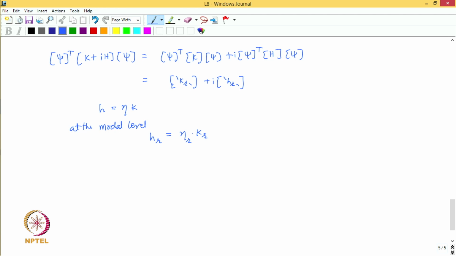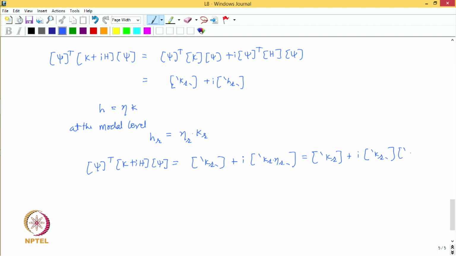So, if that is so, then this matrix ψᵀ(K plus iH)ψ can be written as Kr plus i times Kr ηr, which can be further written as a product of two diagonal matrices, Kr and ηr.